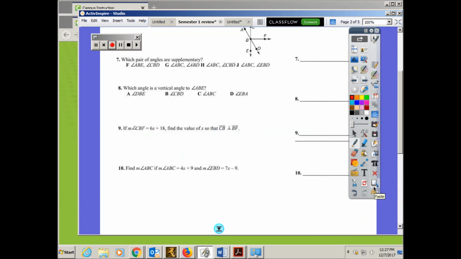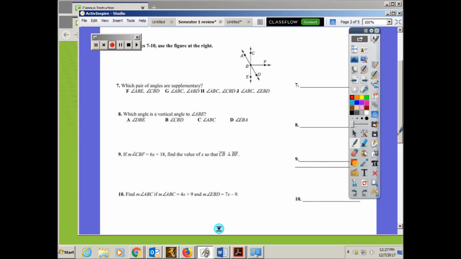So now let's talk about number 10. I have, still using that drawing, angle ABC. That's that angle there, correct? And EBD. What's the relationship between angle ABC and EBD? Yes. And why are they equal? What's the vocabulary word?